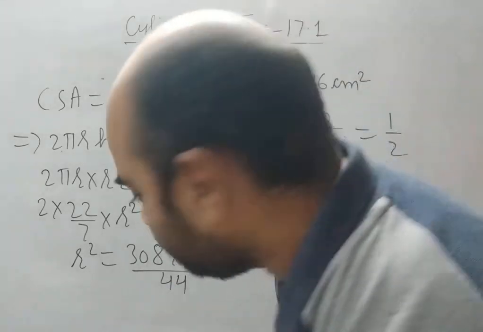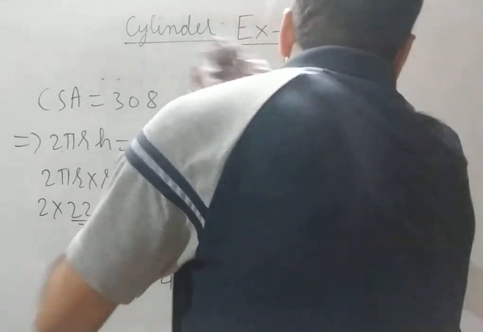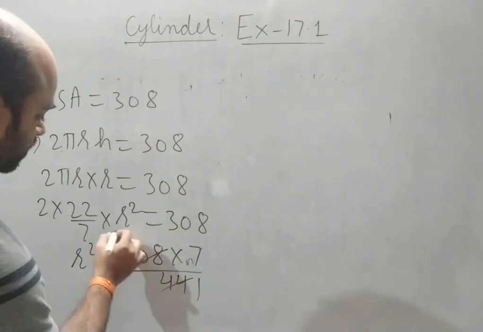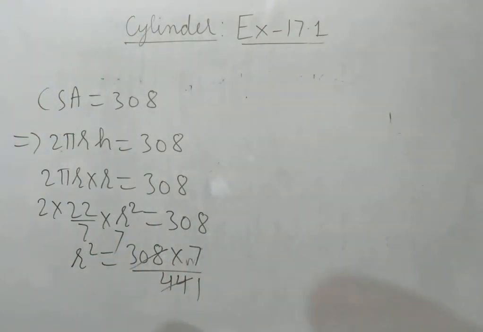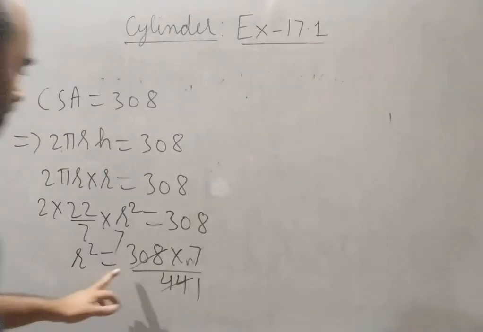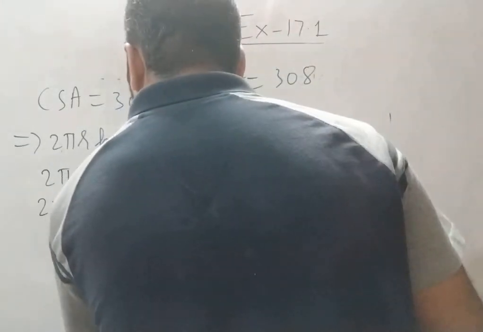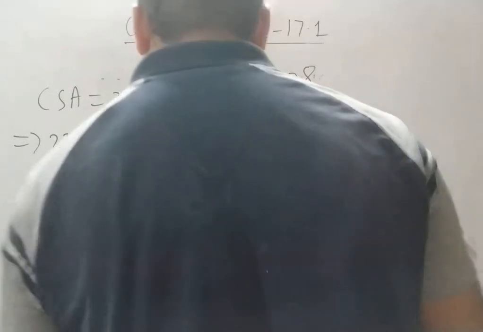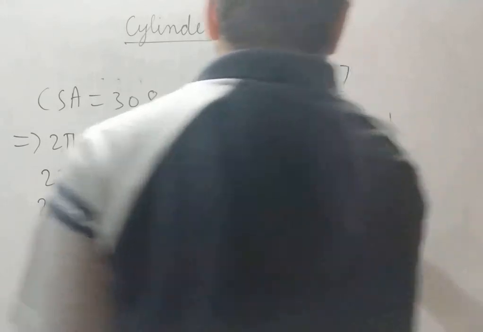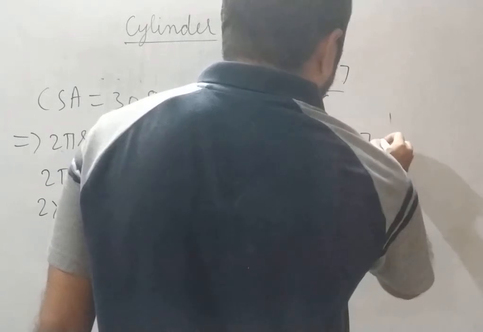2 into 22, 44 by 7 into R square, that is 308. R square will be 308 into 7 by 44. You can verify: 44 into 7. So R square is 49. It means R will be 7 centimeter.